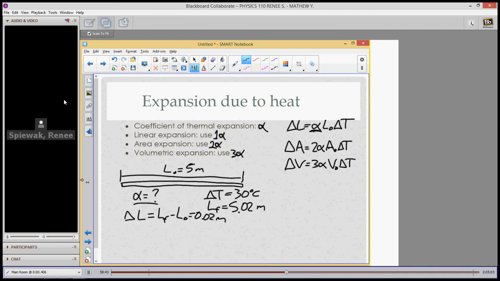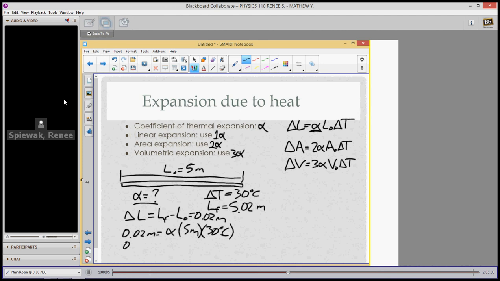And so you have 0.02 meters equals alpha times 5 meters times 30 degrees C. So that makes sense.